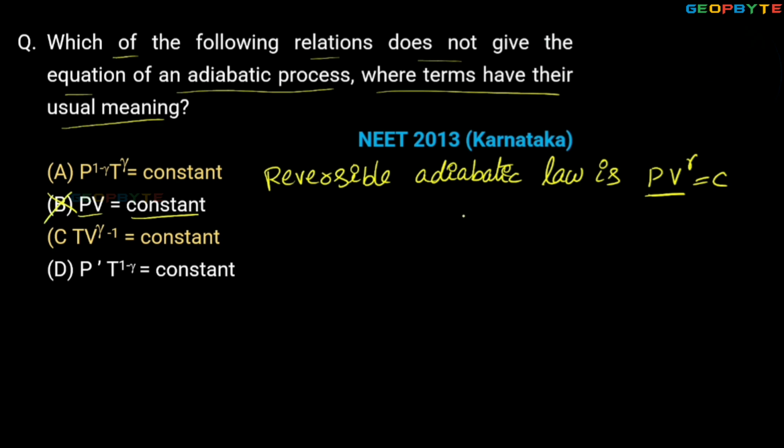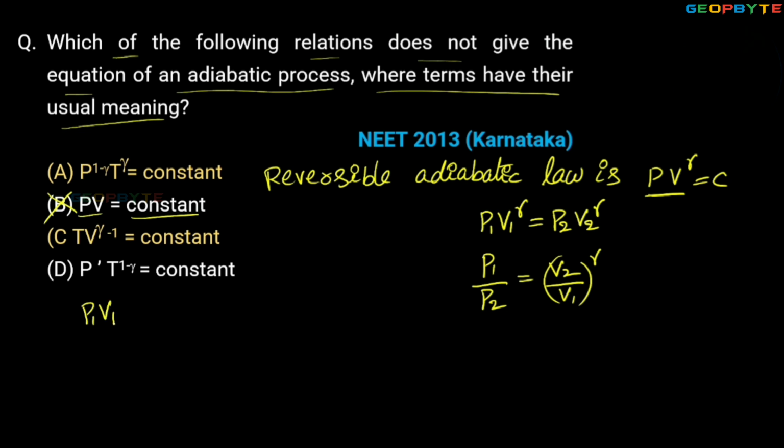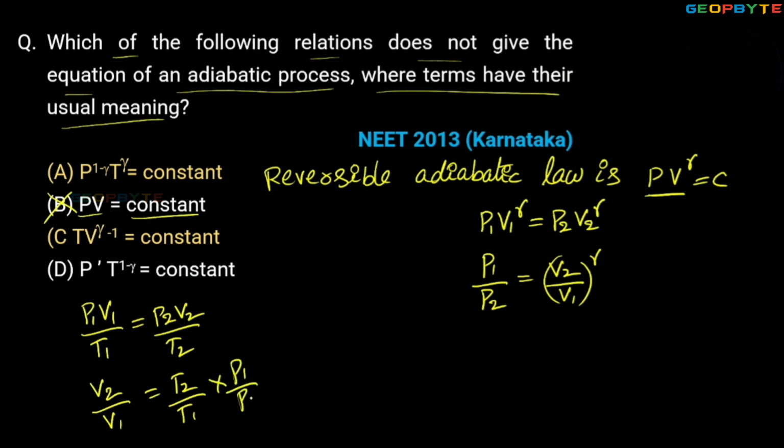Now it can also be written as P1 V1 power gamma equal to P2 V2 power gamma. Now I am going to find the relation between temperature and pressure, and temperature and volume, for the reversible adiabatic process. From this I can also write P1 by P2 equal to V2 by V1 power gamma. But as you know, the ideal gas equation is P1 V1 by T1 equal to P2 V2 by T2. From this, I can write V2 by V1 equal to T2 by T1 into P1 by P2.